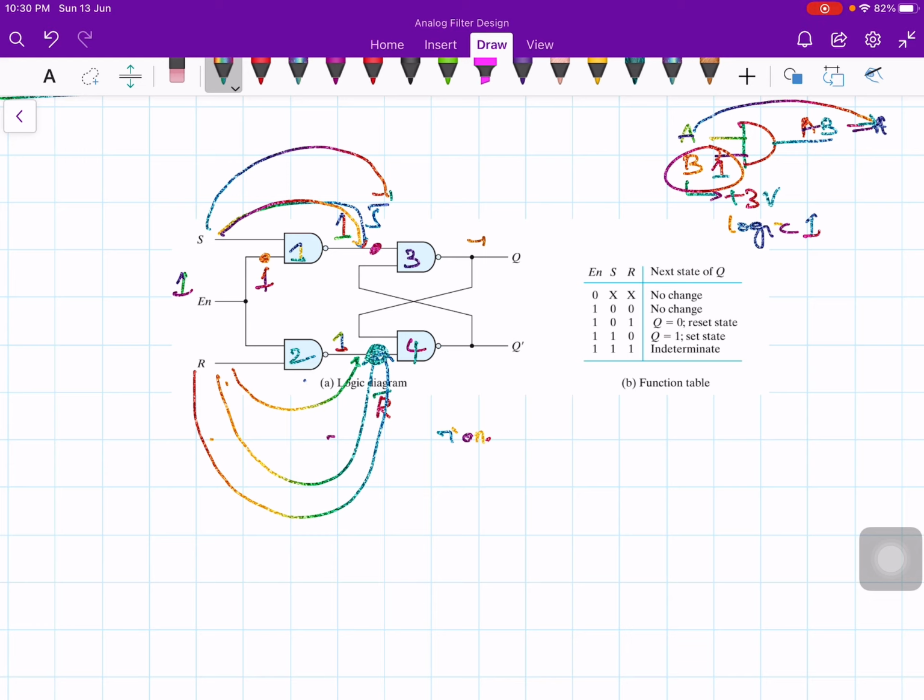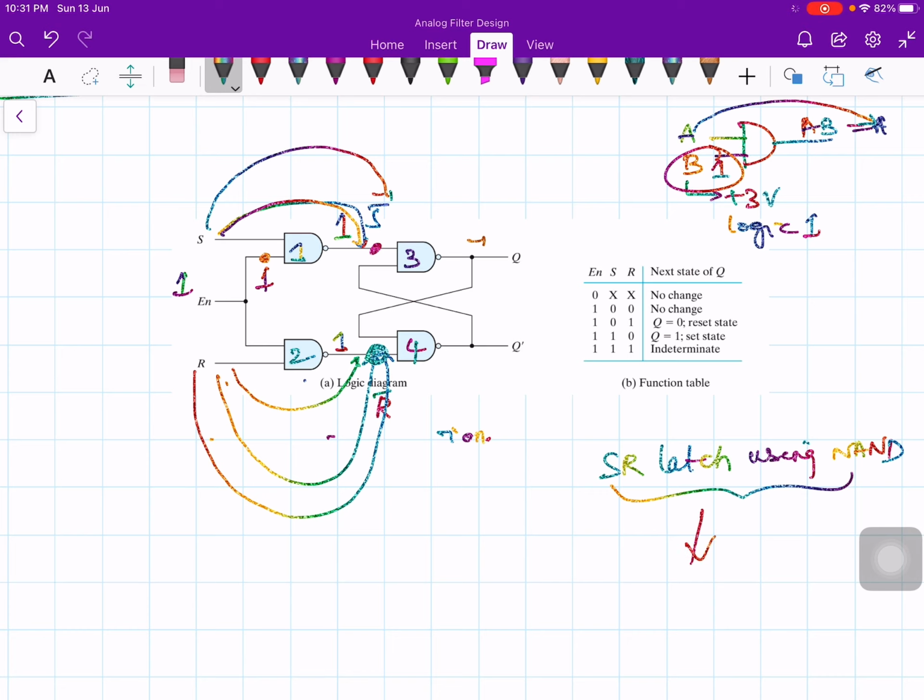Therefore you are constructing basically an SR latch, the construction of SR latch using NAND gate. But what is happening here?